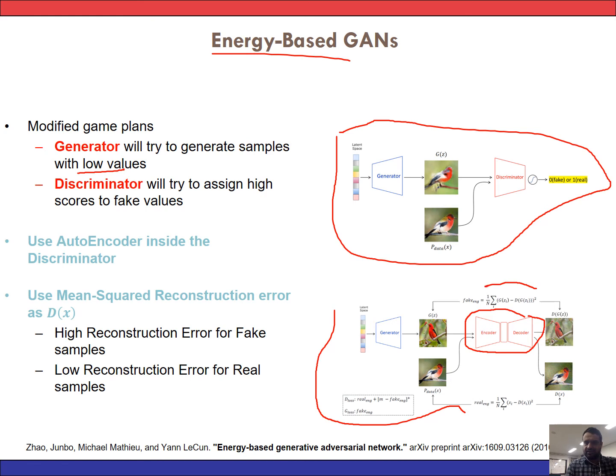This is the mean square error between the generated output and the input to the discriminator. Here the output of the discriminator is not a single value but the image, because we are using an autoencoder. And similarly, it should give low reconstruction error for the real sample for training the discriminator.